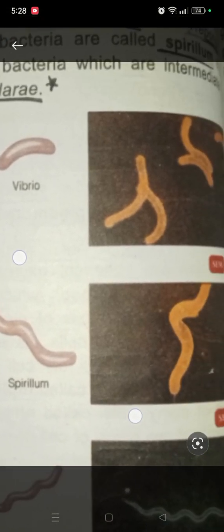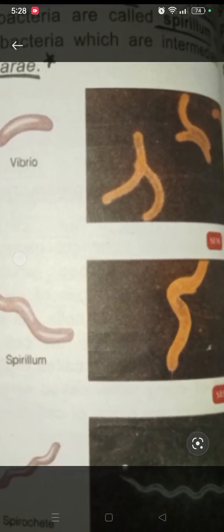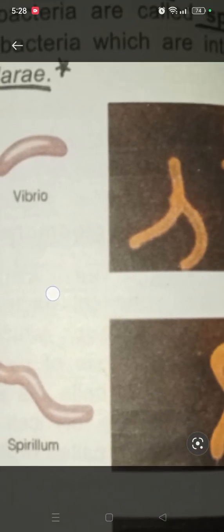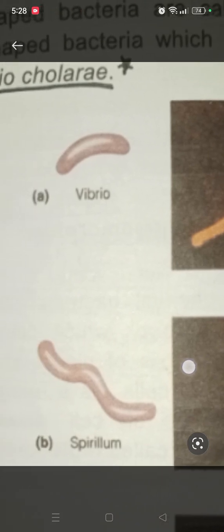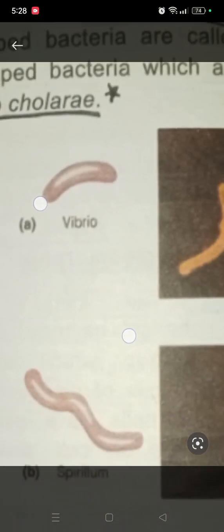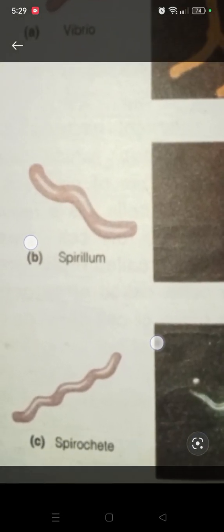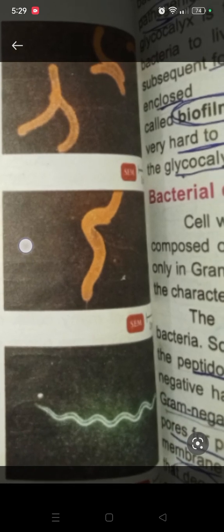Here we have types of spiral. In vibrio, which I just told you about, there's a spiral and rod shape like structure, like this type of shape. Spirillum was thick and rigid, so you can see here they're not elastic. And the first one, spirochete, is very flexible and thin. This is called spirochete.